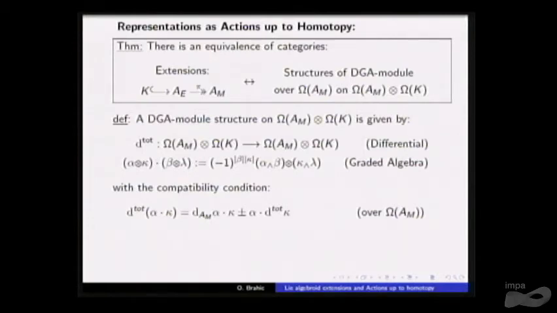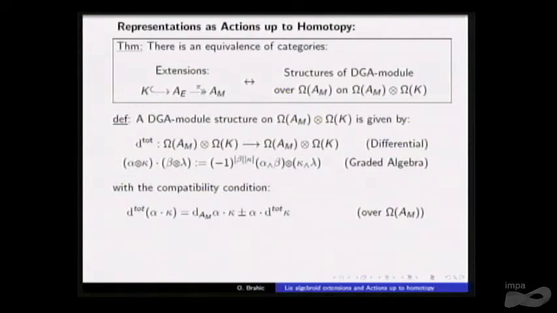The compatibility condition is about the total differential. Now I can multiply a form on the kernel K by a form on the base, just by this derivation property. But what I'm imposing is that here it would coincide with the differential on AM.